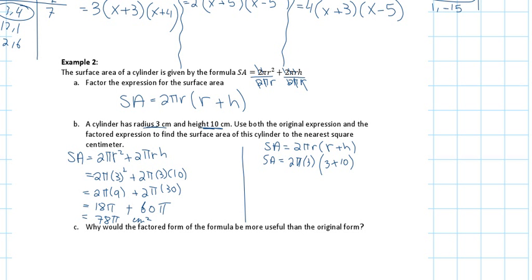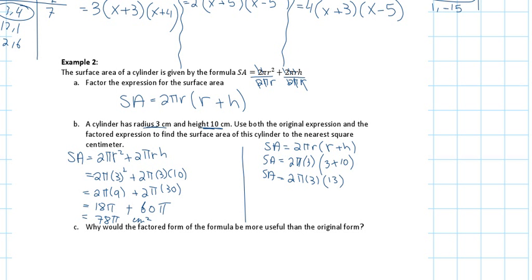Okay, now I have all multiplication. Can I do it all together? 2 times 3 is 6. 6 times 13 is 78. Pi. Done. Does it matter which way you do it? No, you're going to get the same answer. Now, which one is easier, though? The second one is easier.